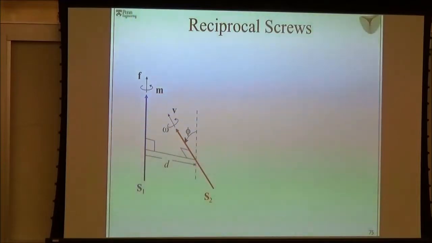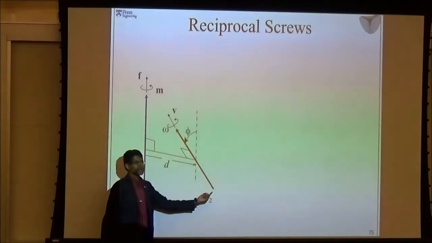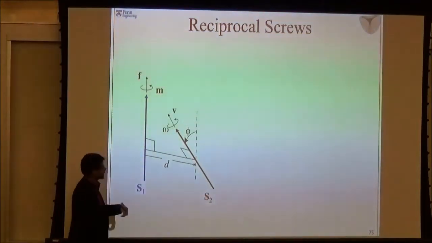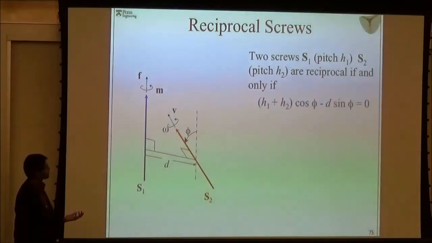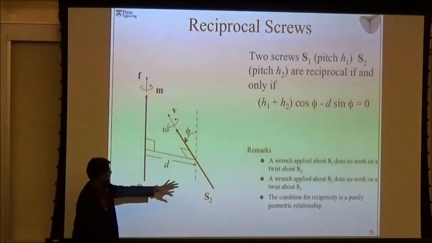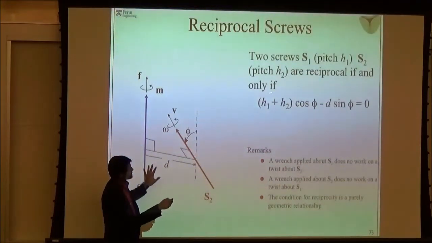The key thing is that this notion of a reciprocal product has nothing to do with wrenches and twists. It's a geometric property. So if you take S1 and S2 and you ask when are these two reciprocal and you do the calculations, well, the best way to do it is actually to think about a wrench about one and a twist about the other, but actually it has to do with this geometrical property.